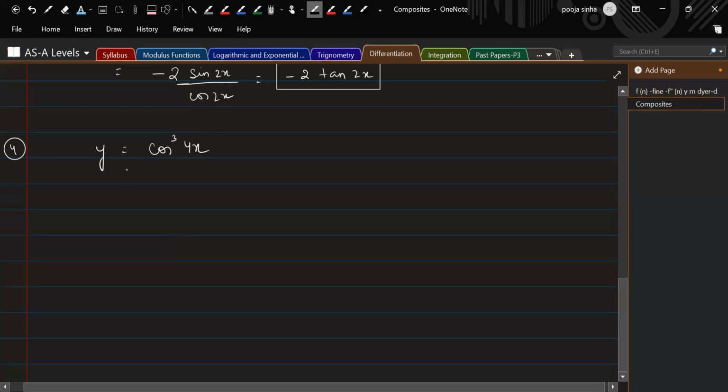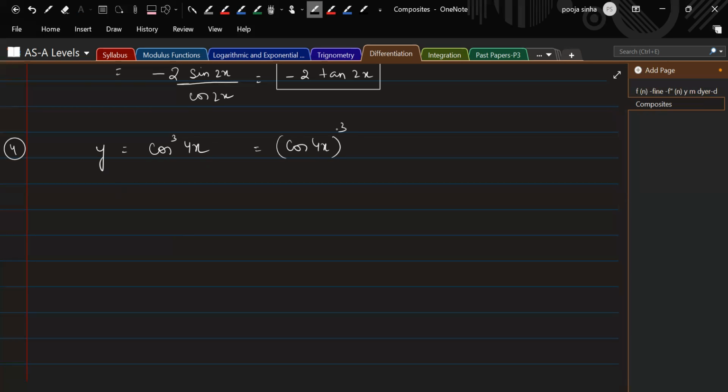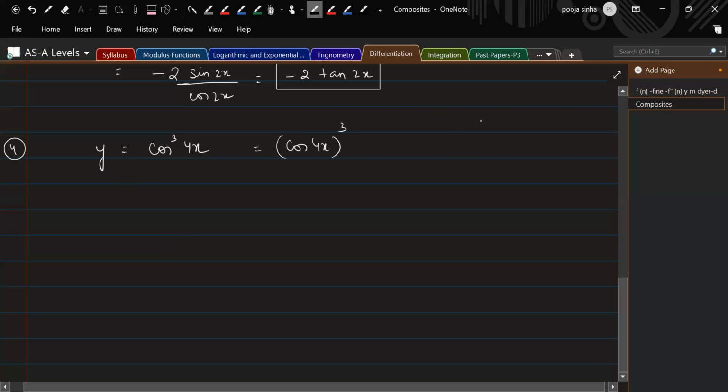See, main function, can I write this as cos 4x cube? No, but then the 4 will also get cubed, right? आपको ये पता है कि हम cos of 4x के whole cube को ही ऐसे लिखते हैं, cos cube 4x.